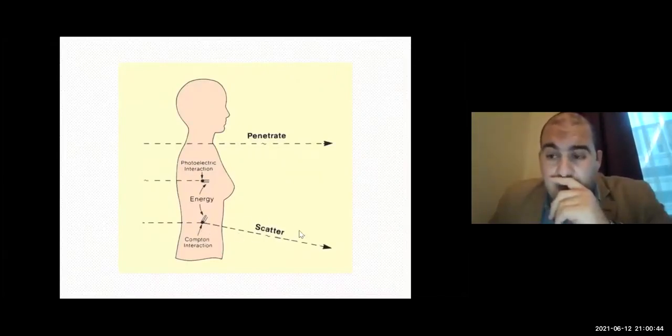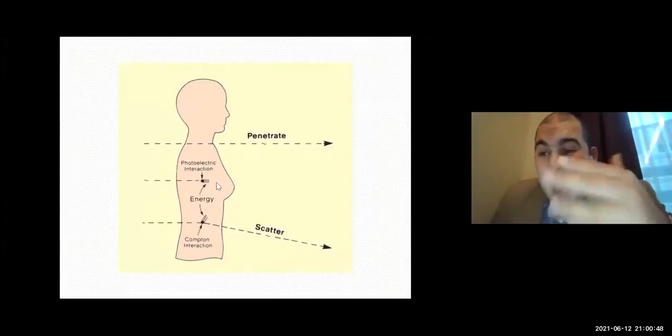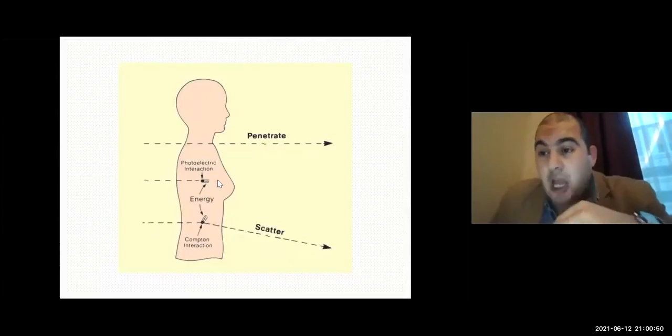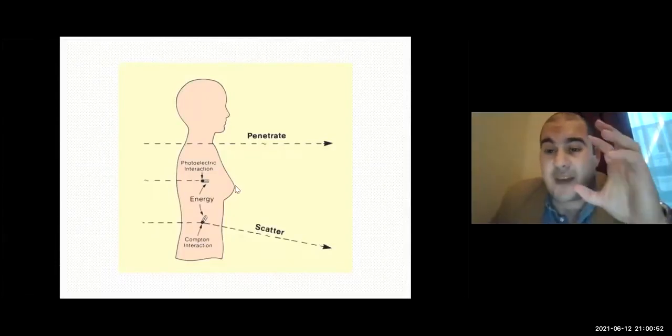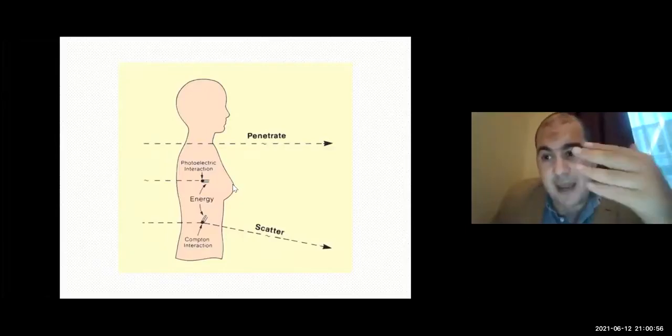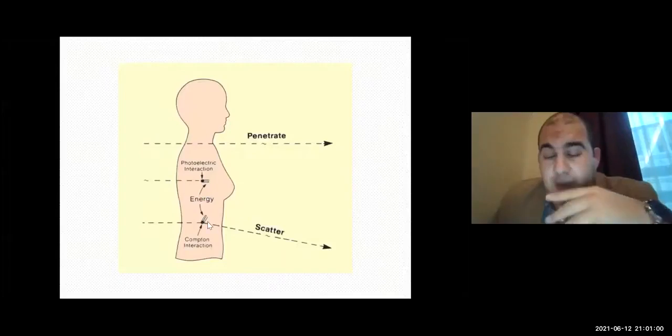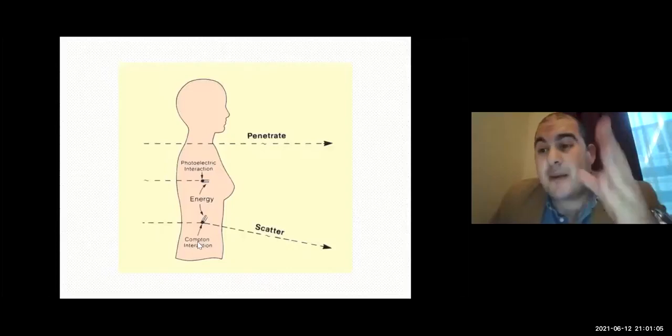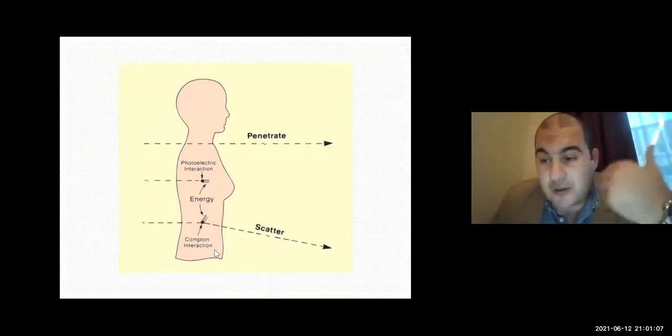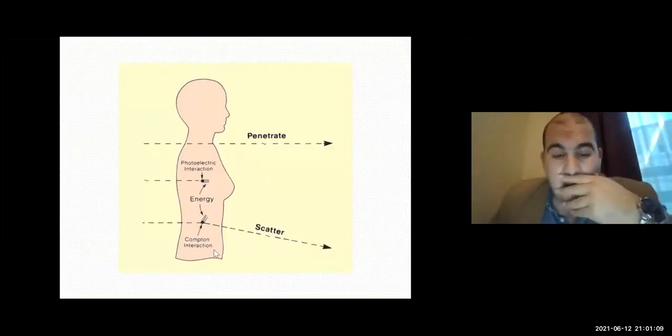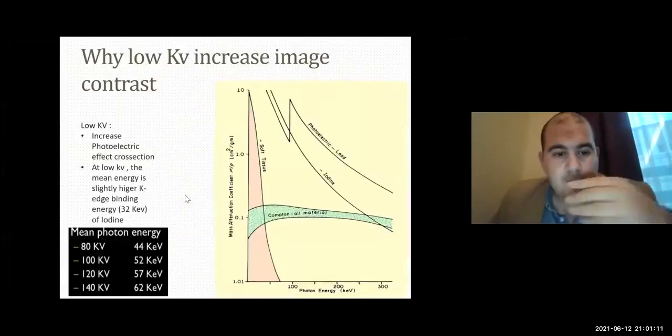This scattered photon reduces the contrast of the image, but photoelectric effect enhances the contrast of the image. So using low kV enhances the probability of photoelectric interaction, which increases the image contrast. But on using higher kV, the Compton interaction will be more dominant, so that reduces the image contrast.